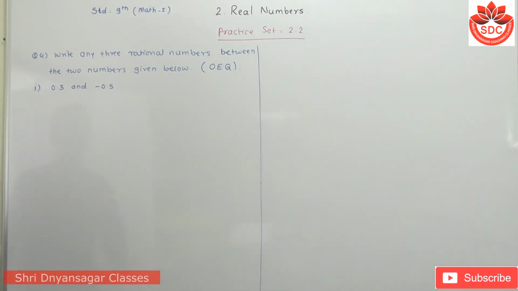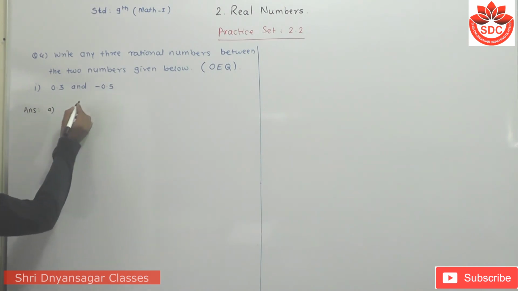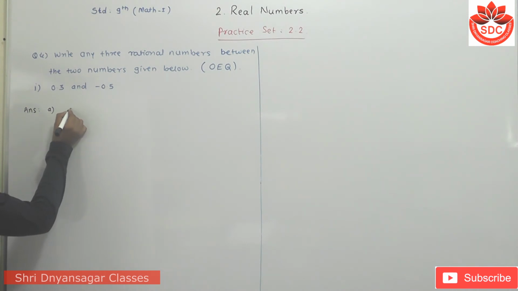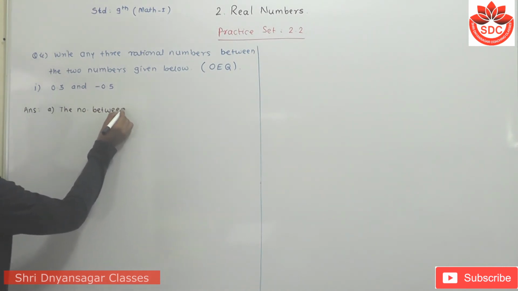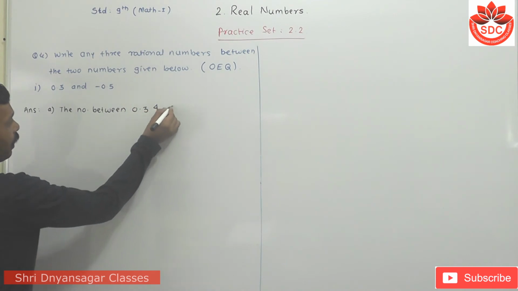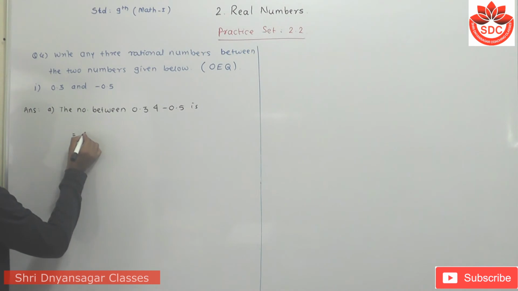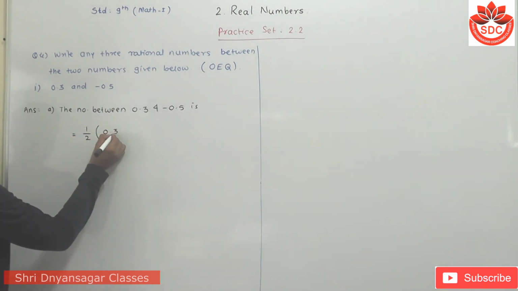Now the first one: suppose a is the number between 0.3 and -0.5, equal to, first we take the sum of these two, meaning 0.3 plus -0.5.